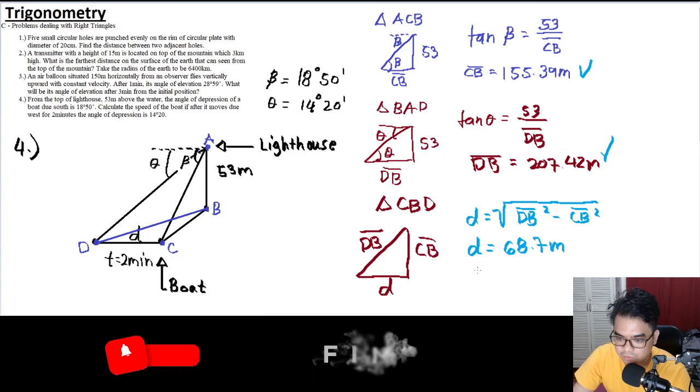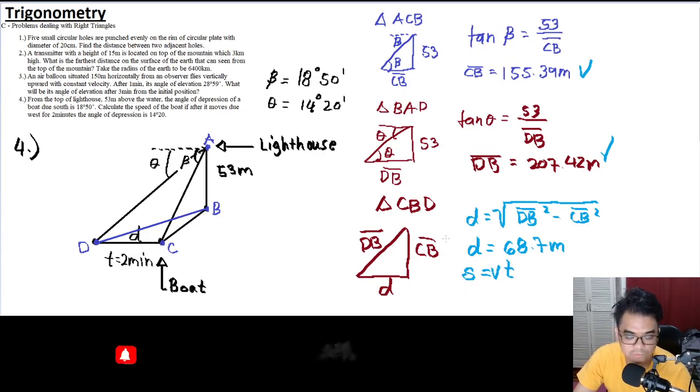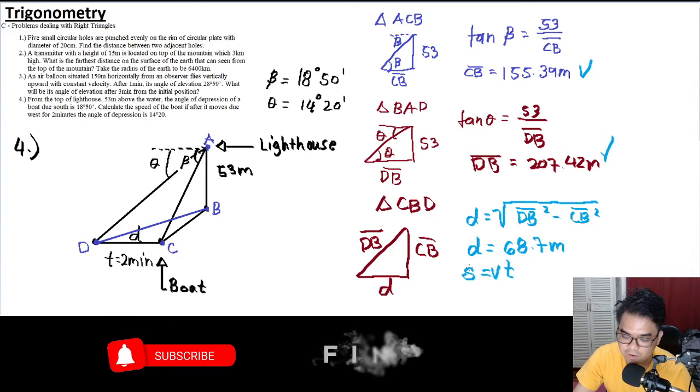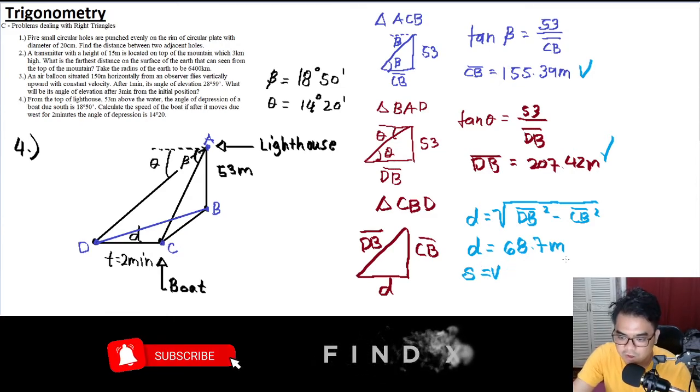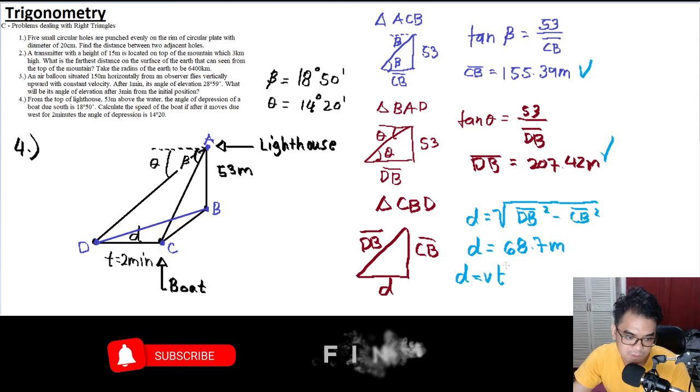Since we already have D, we can get the formula S equals VT, the distance equals the velocity times time, since we are looking for the velocity. Our S will be the D, so D is equal to VT. We already got D, and time is equal to 2 minutes.